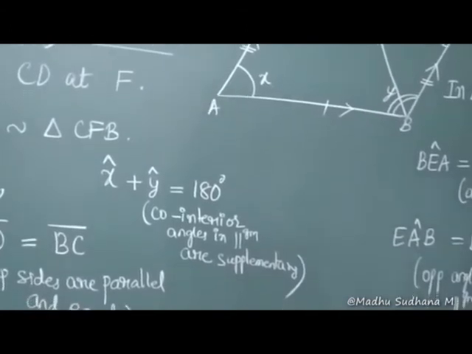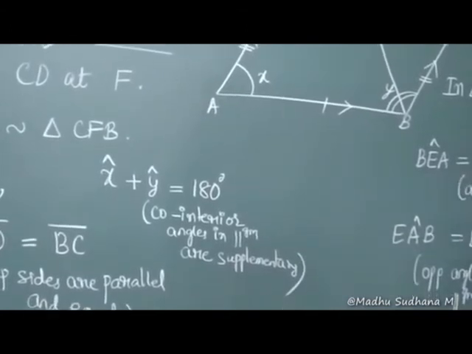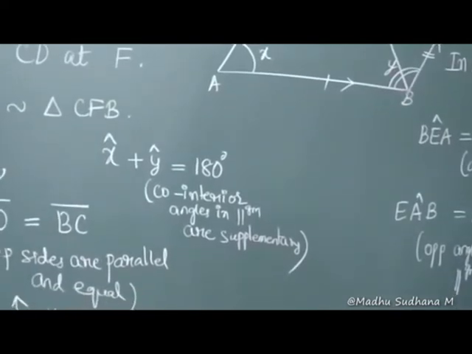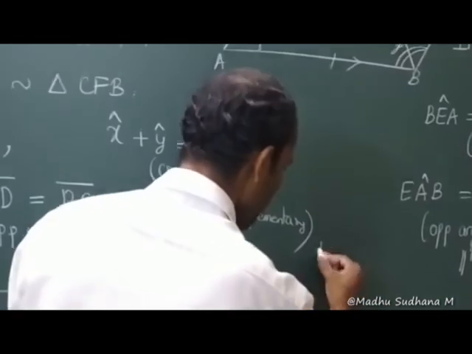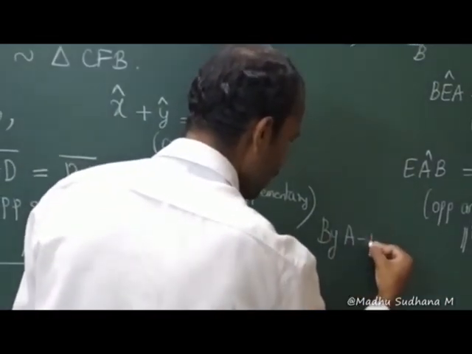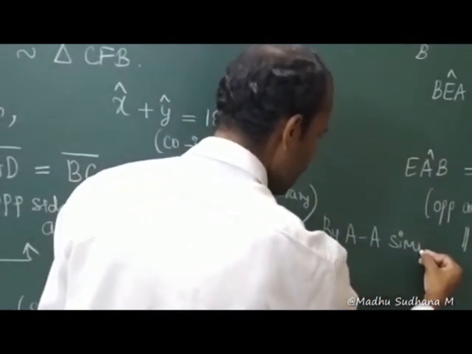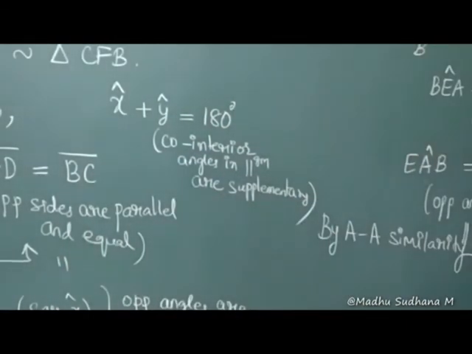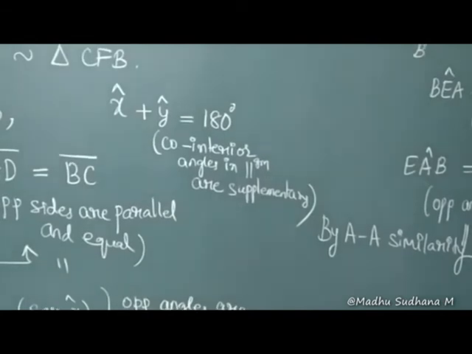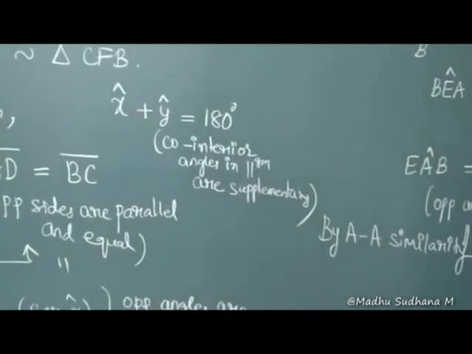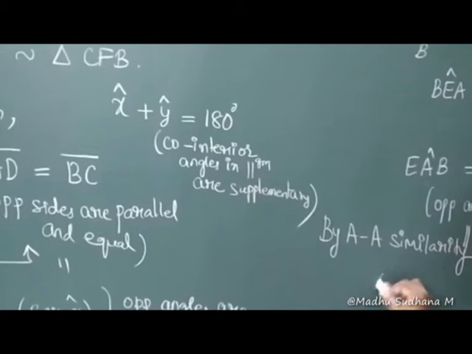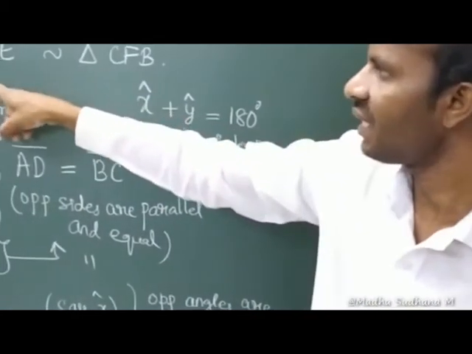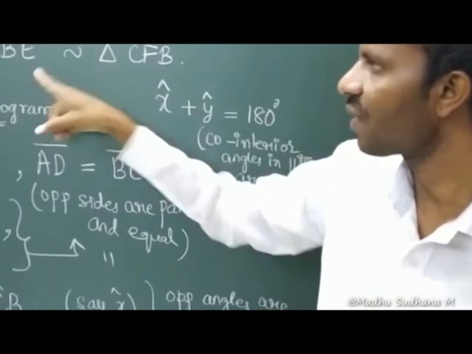So please observe, in these two triangles we have this one angle and one angle equal. So we have got AA, so by AA similarity criteria, we can say that triangle, when we write the triangle, you can write either ABE or AEB or BAE, it doesn't matter.